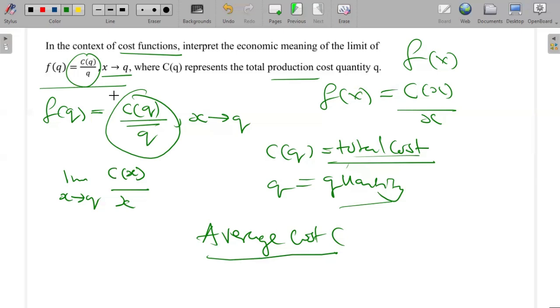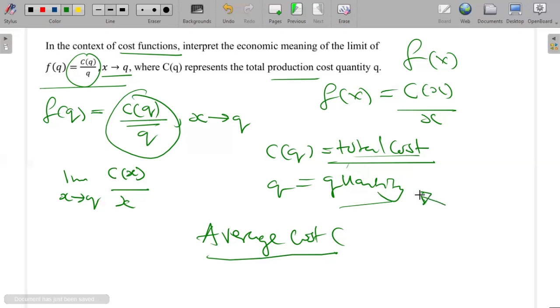And we also mentioned that it shows us the cost efficiency. Are we efficient as we are getting close to q, based on how much we have put in and how much we have produced? On average, what does it usually cost us at the number of quantities that we produce?